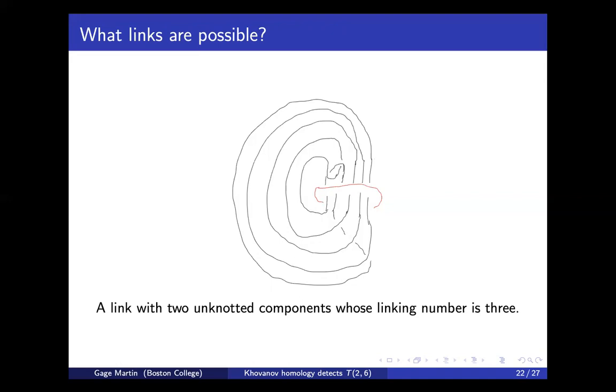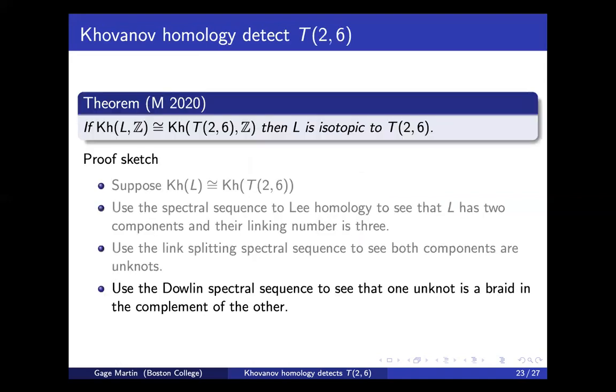So to rule this out, just like in the case of the Hopf link, we'll now want to use the Dallin spectral sequence to show that one of the components is an unknot. One of the unknotted components is a braid in the complement of the other unknot. And so here there's just a lot more casework to do in terms of what the link Floer homology of this link can look like, from knowing some basic facts about it and knowing some upper bound on its rank.